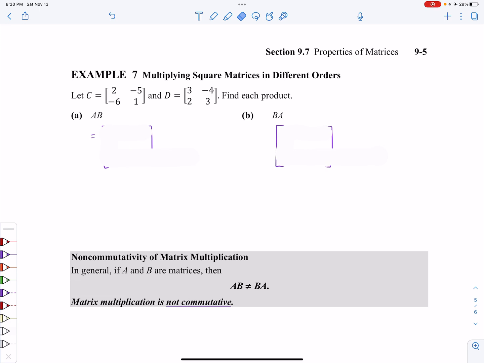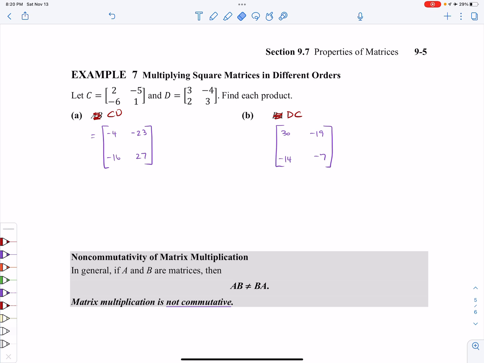Notice that my letters here are incorrect. First of all, this should be C times D, and this one should be D times C. So make sure you fix that. Otherwise, that's not going to make a bit of sense. All right, so we multiply those together in the calculator, and these are the two answers that we should get.